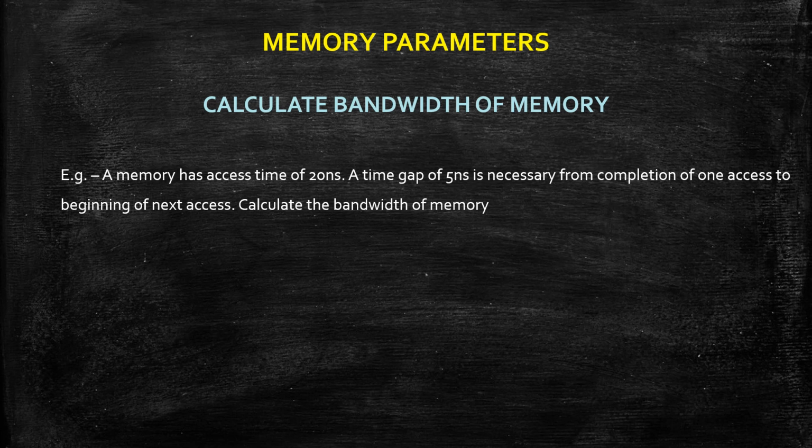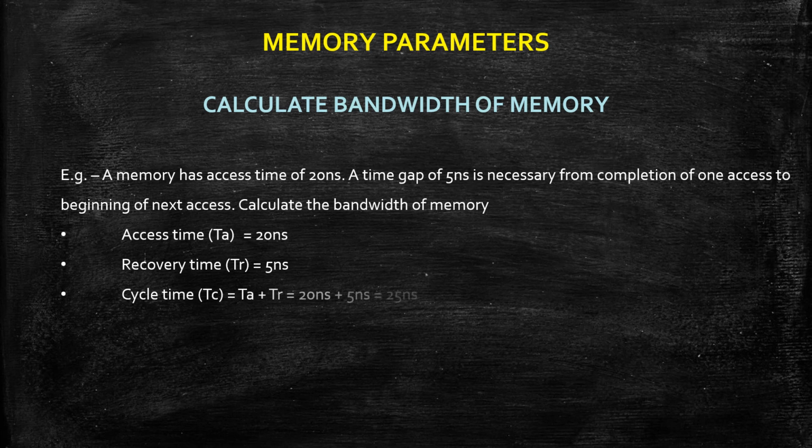So we know that the formula for the bandwidth is 1 upon Tc, that is the cycle time. And to calculate the cycle time we need access time and the recovery time. So the data given is access time equal to 20 nanoseconds, recovery time 5 nanoseconds, and the formula for the cycle time is Ta plus Tr, which after adding 20 and 5 gives 25 nanoseconds.